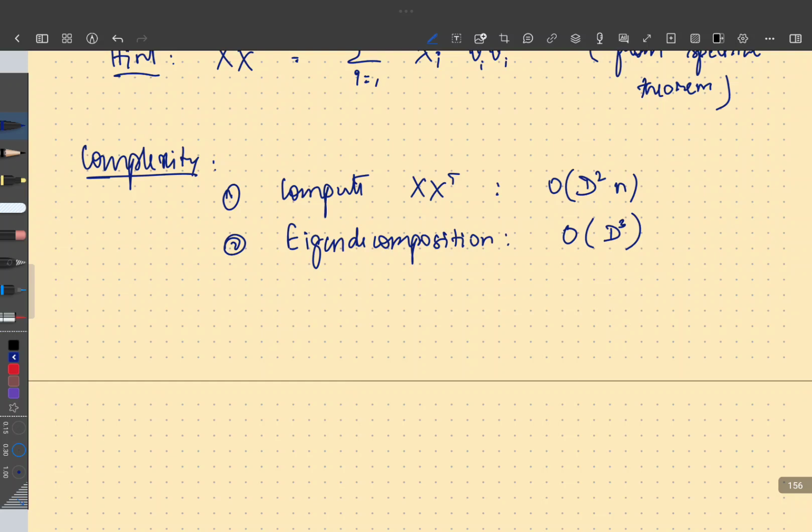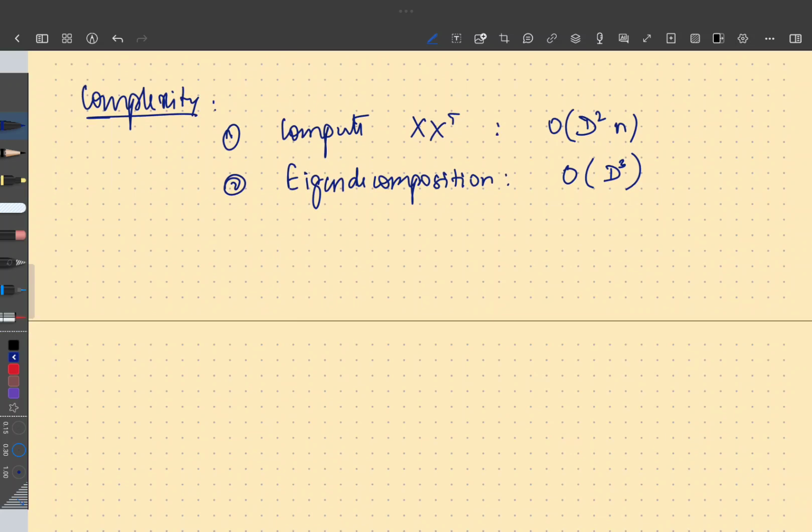Which could potentially be fairly large, because if the dimensionality is too large, particularly if capital D is comparable or larger than n, this could be pretty expensive, right? This will be more relevant when we want to do kernel PCA, where the dimensionality can be arbitrarily large.